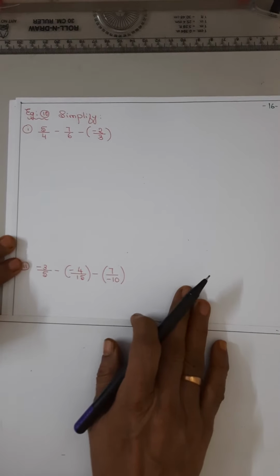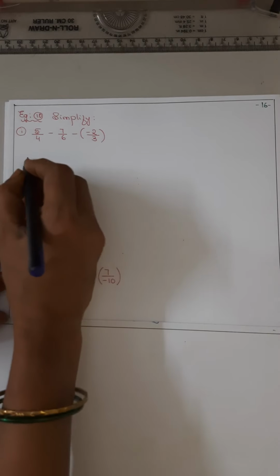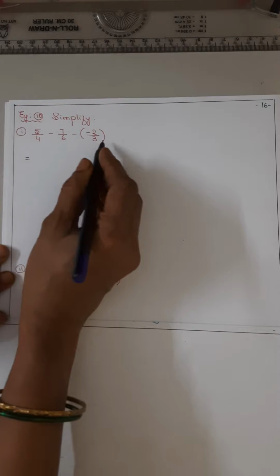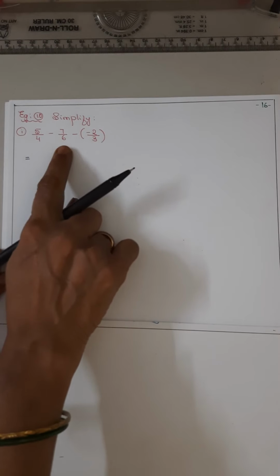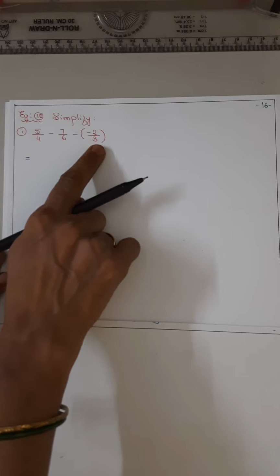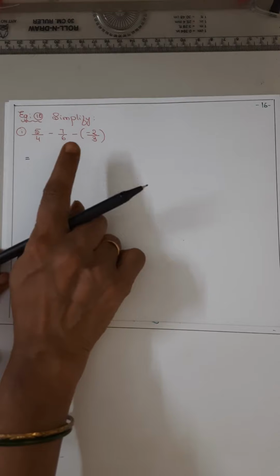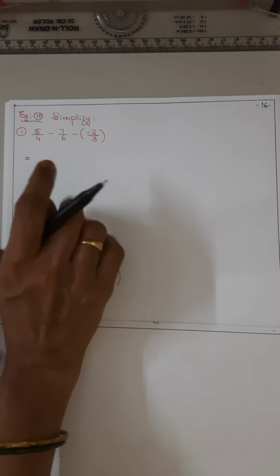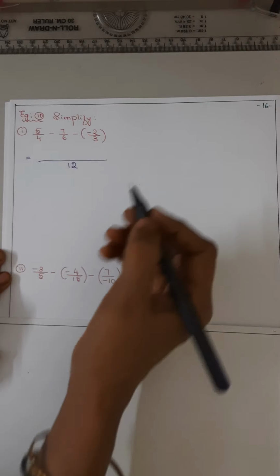Take the LCM of all the numbers together. So it will be 4, 6 and 3. The biggest number is 6. 6 ones are 6, here it is a multiple, but here no. 6 twos are 12. Yes, in 4 and 3 it is there. So 12 is the LCM.